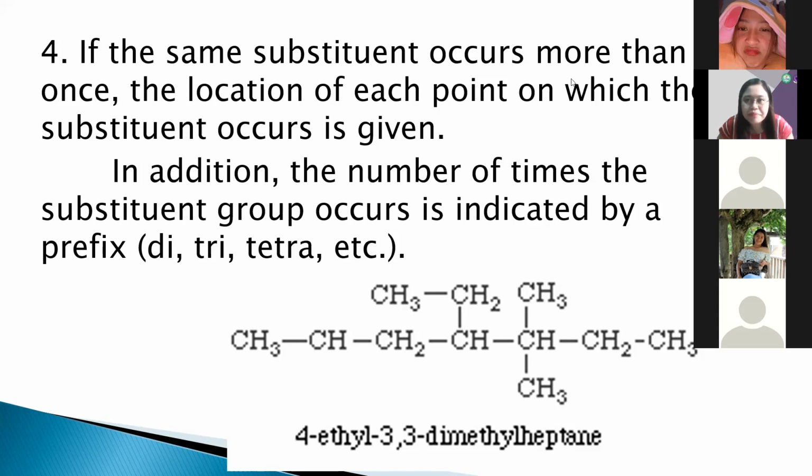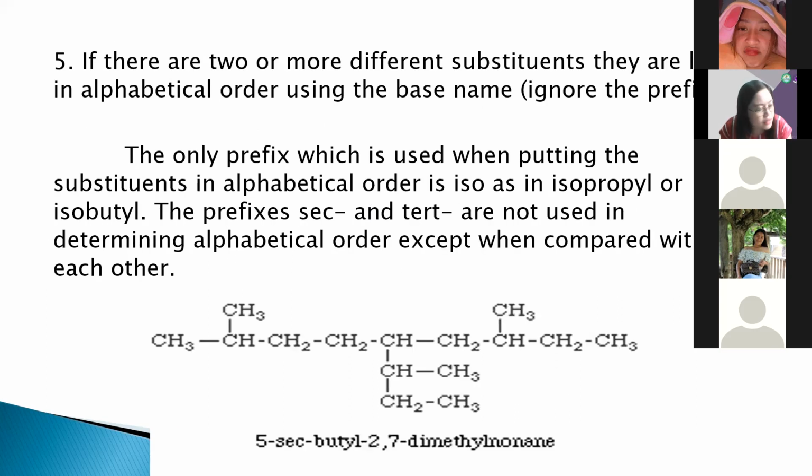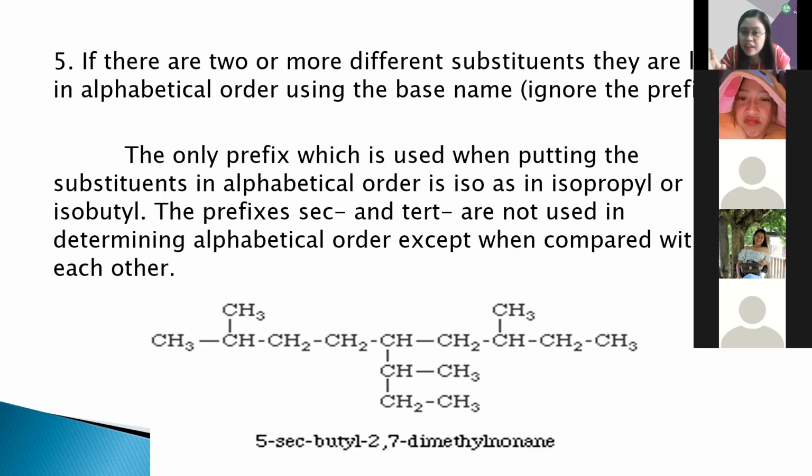Yes, Jandy. Ma'am, iba ba ang rules sa pag-naming ng mga cycloalkane, or the same lang? Merong parts na the same, meron ding magbabago, especially the parent chain. Kasi cycloalkane naman siya. So yung name lang nila, dadagdagan natin ng cyclo.